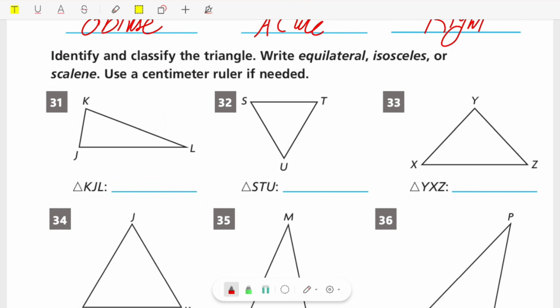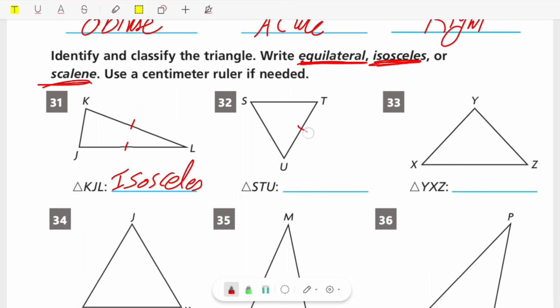Okay, let's go now to classify the triangle, but in another way, with the side length. As you see here, we have equilateral, isosceles, scalene. So now it's obvious that the first one, having two equal sides, we can say that this is an isosceles triangle.